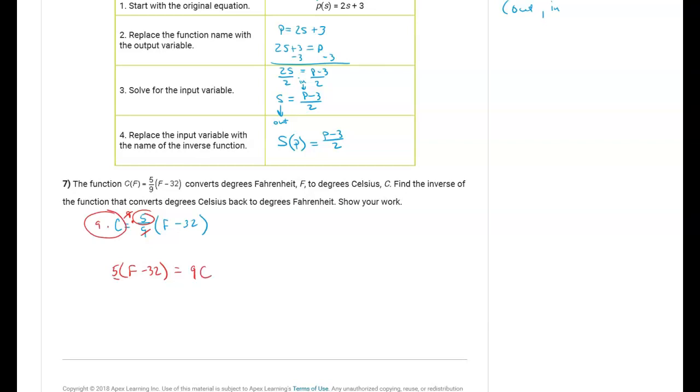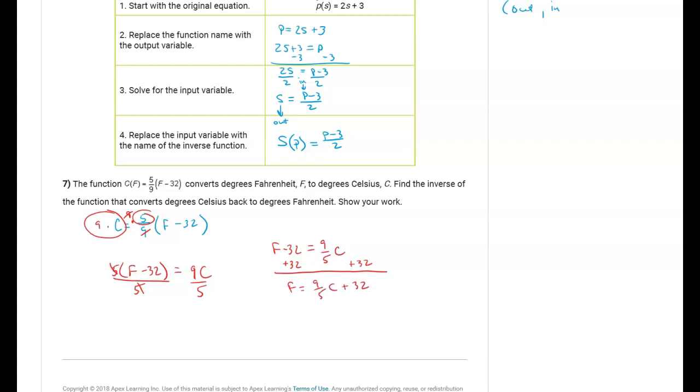Now, to get rid of 5, I'm going to divide both sides by 5. These 5's cancel out, and F minus 32 equals 9/5 C. Now I'm going to add 32, and F would equal 9/5 C plus 32.